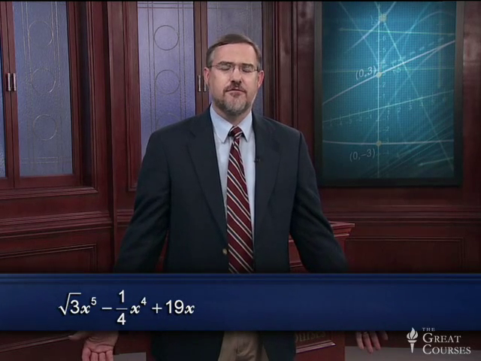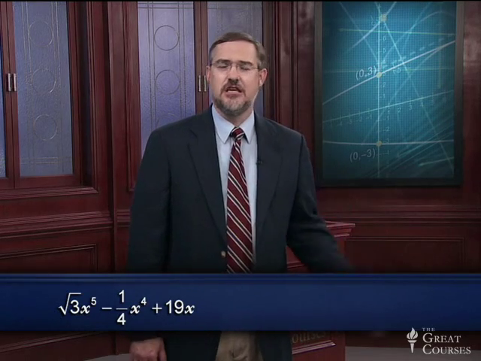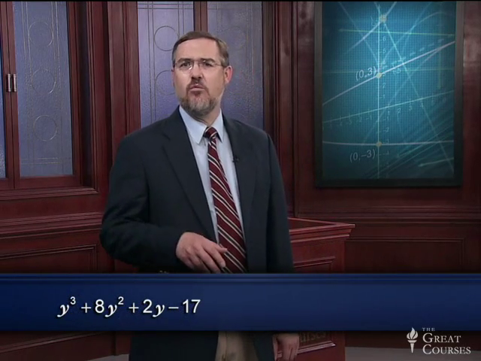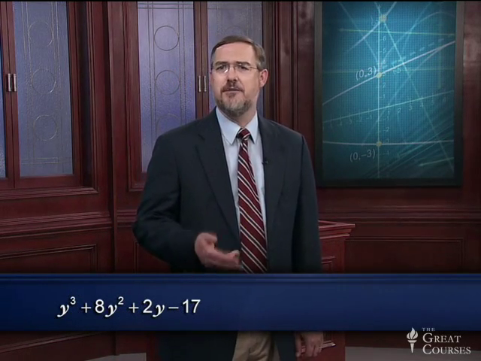We could use a different variable if we wanted. We could have used y or z or t or anything else. So, for example, y cubed plus 8y squared plus 2y minus 17, that's a polynomial. And t to the fifth plus t to the fourth plus t plus 1 is also a polynomial.